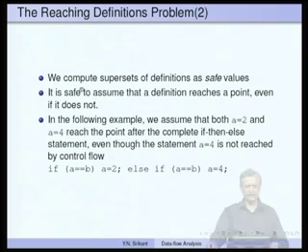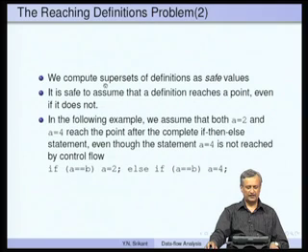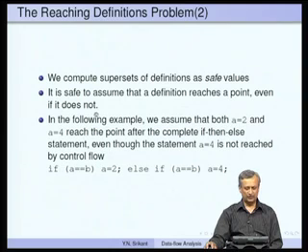So, for the reaching definitions problem, we compute supersets of definitions as safe values. In other words, it is safe to assume that a definition reaches a point even if it does not, it is not going to harm us. The application of this will be such that this will not harm the application.